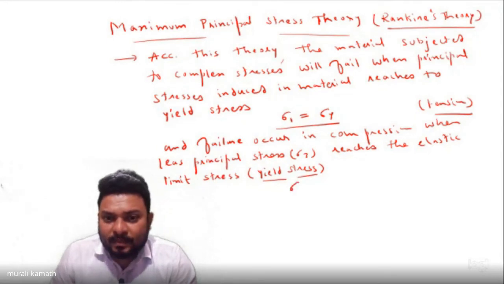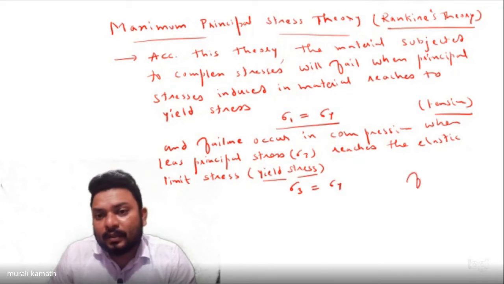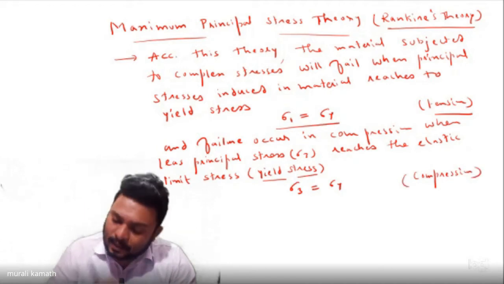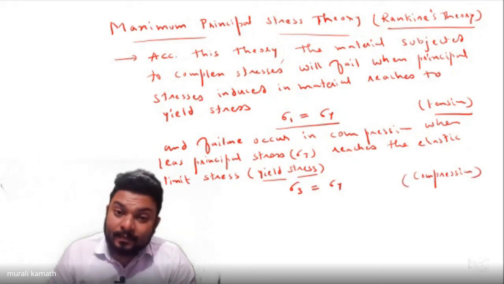So your sigma 3 will be equal to sigma y for compression. Anyone, mild steel? So 250 MPa.